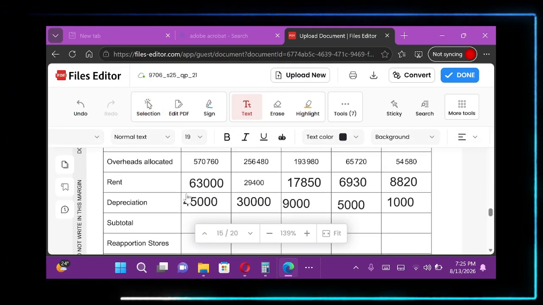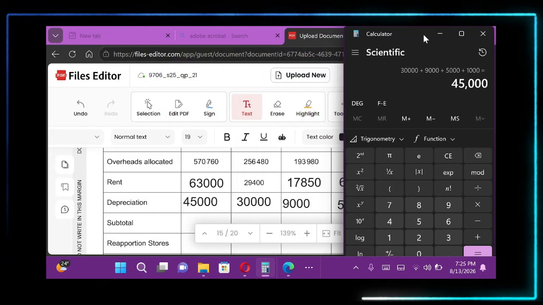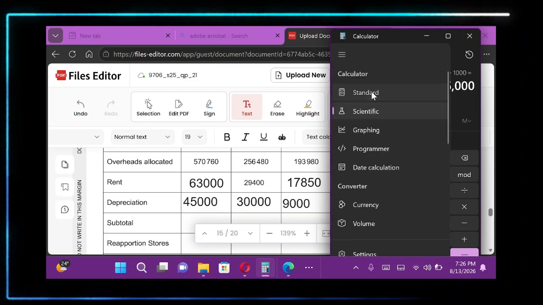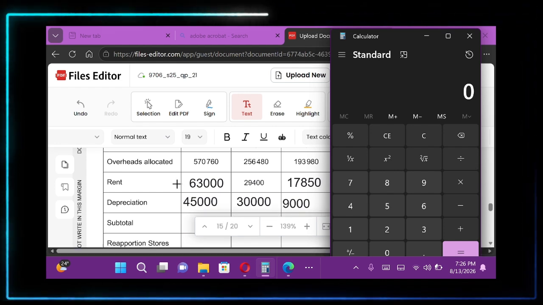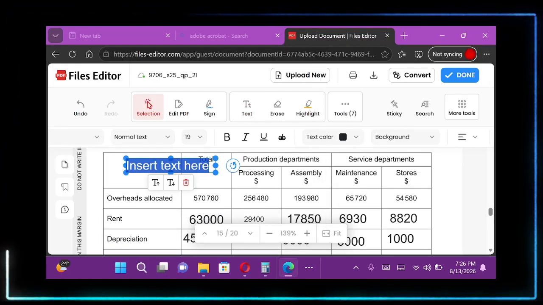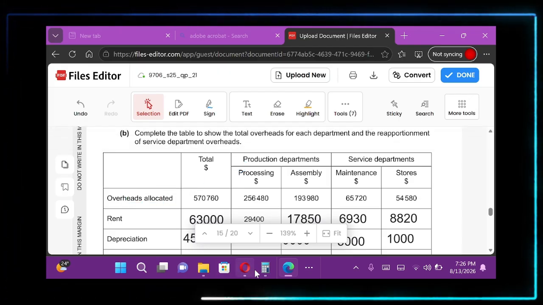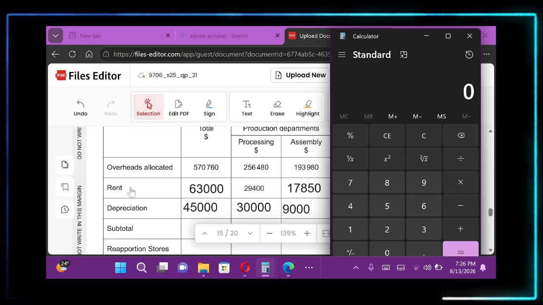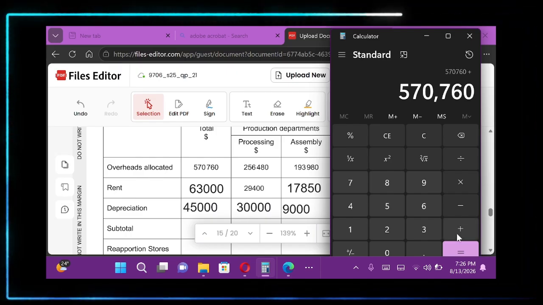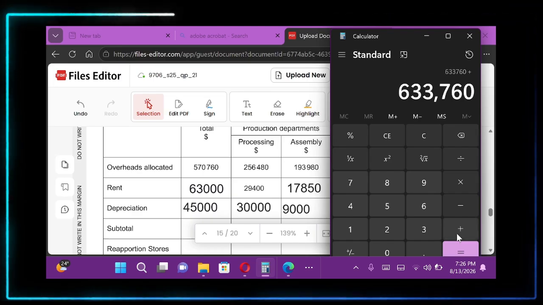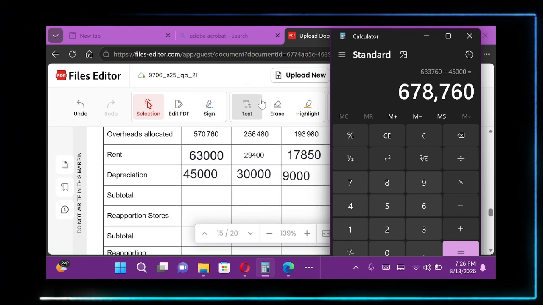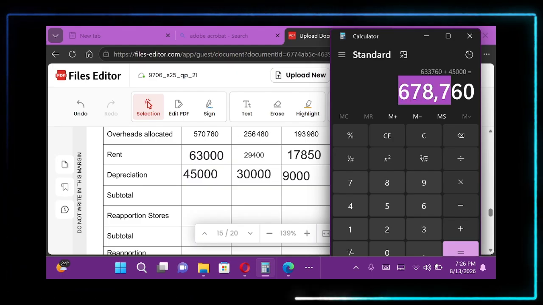Okay, let's move the calculator there. The total is going to be 5,776 plus 63,000 plus 45,000. 678,760.